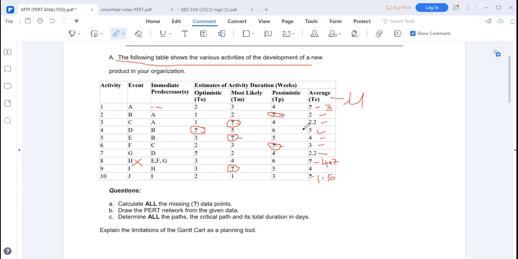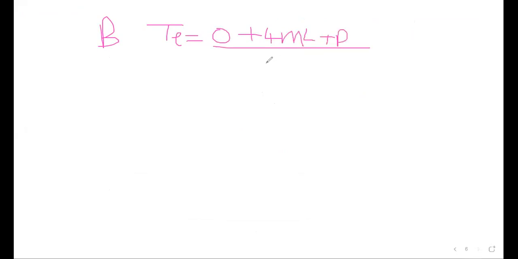All right, so now as we go to B, for B what we have been given is that time expected is given by the formula O plus 4 most likely, then plus the pessimistic, over 6. Now, this one has already been sorted out.